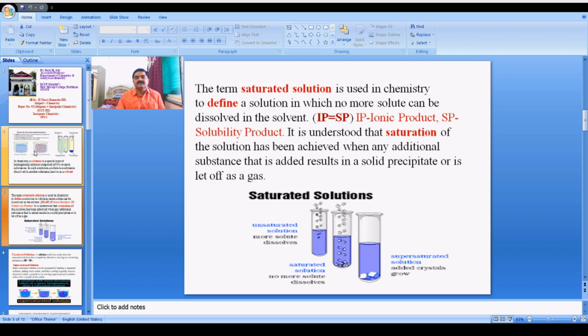IP means the product of the concentrations of the ions present in the solute, and solubility means how much quantity of the solute can be dissolved in the solvent. So saturation of the solution has been achieved when an additional substance that is added results in a solid precipitate or is let off as a gas.